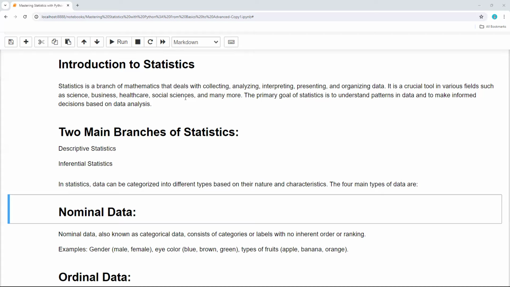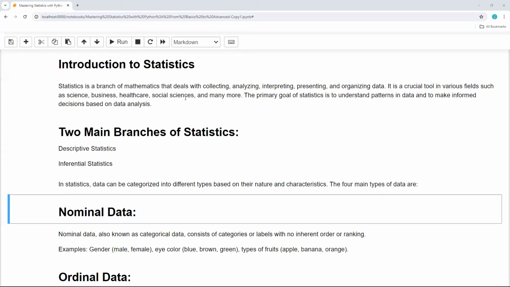That is why it plays a vital role in data and data science. Along with technical tools like Python, we must have proper knowledge of statistics and advanced statistics. So let's start our session with an introduction to statistics.